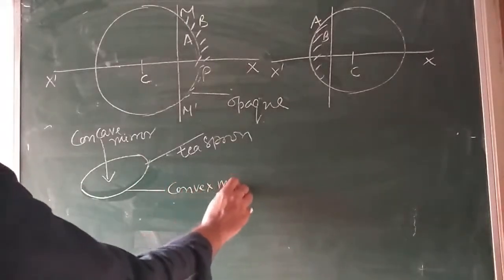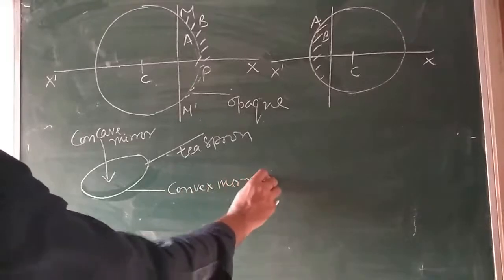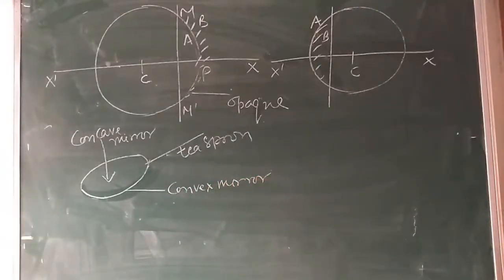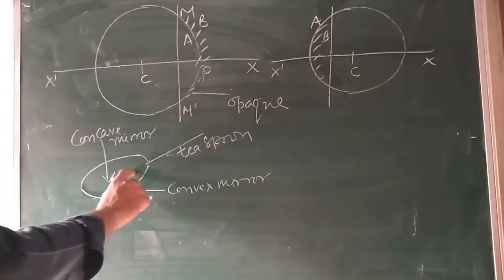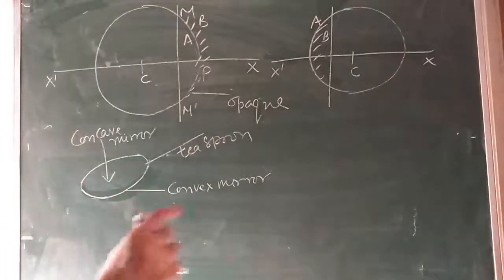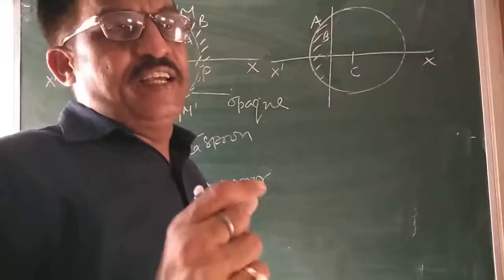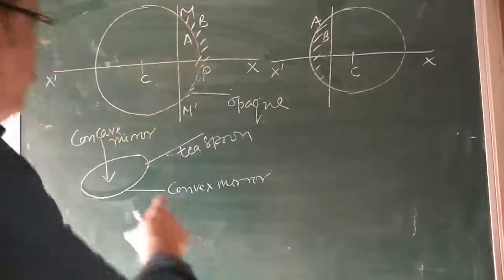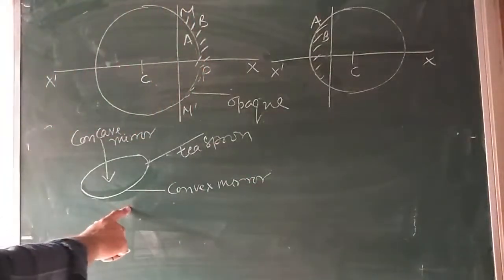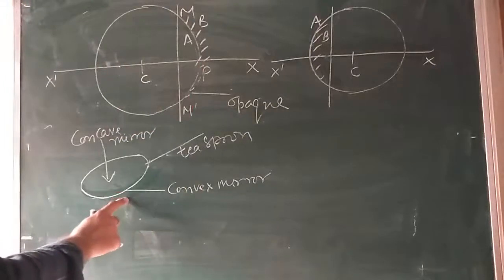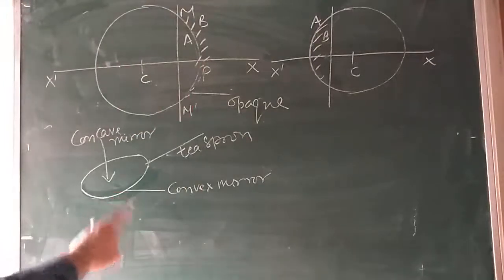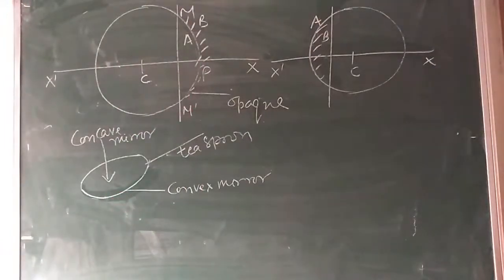So this is a very common example we can see at our home also. The inner shining surface of a teaspoon serves as a concave mirror, while the outer shining surface of the steel spoon serves as a convex mirror. Is it clear? So draw the diagram and then we are going to see.